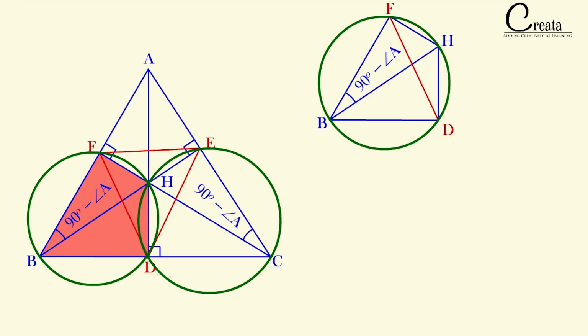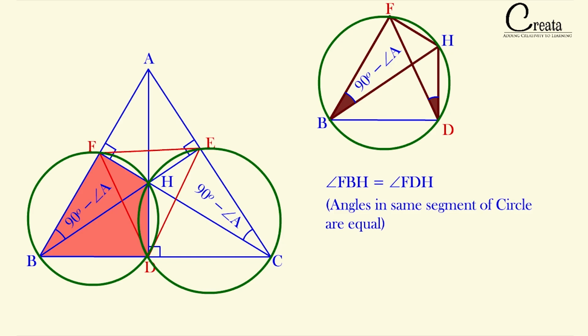Here if you observe, the chord FH is subtending the angle at point B and also at the point D. And as per the property we have done in the circle, the angles subtended in the same segment of a circle are equal to each other. So we can say angle FBH is equal to angle FDH. And just now we have seen angle FBH is equal to 90-degree minus angle A. So we got FDH also equal to 90-degree minus angle A.